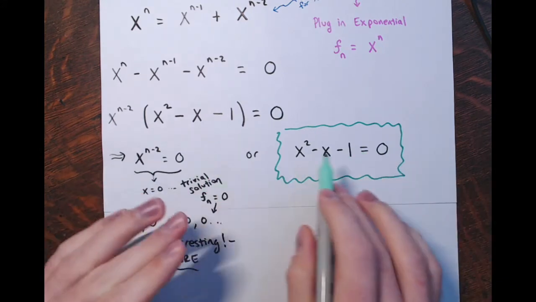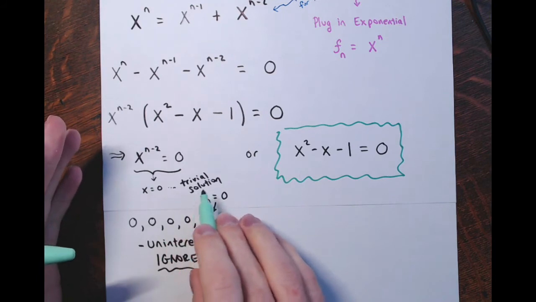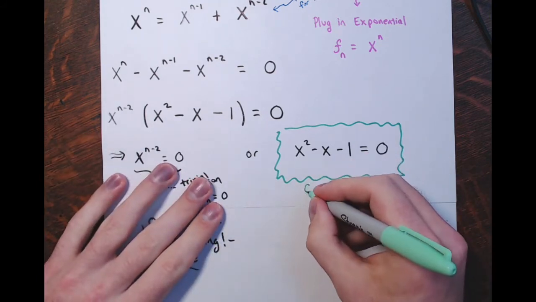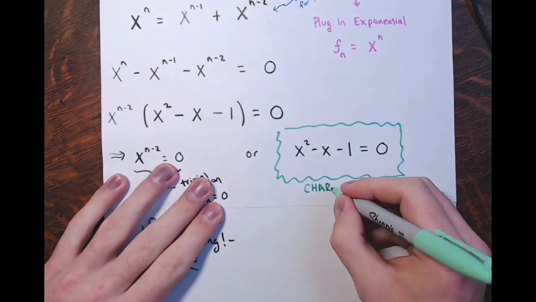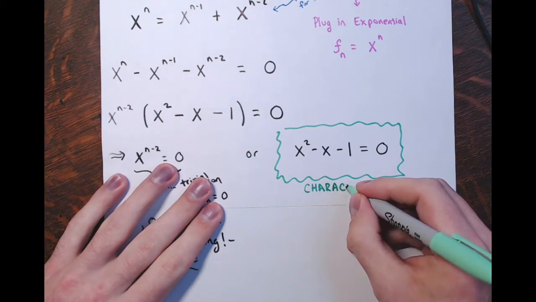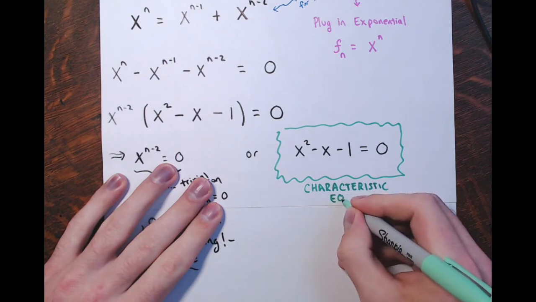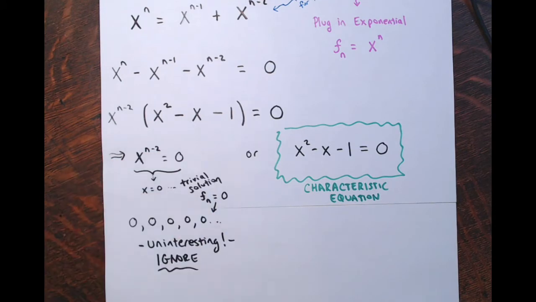And this other factor, without the x to the n minus 2, equal to 0, where the trivial solution isn't the solution, is called the characteristic equation for this recurrence relation.